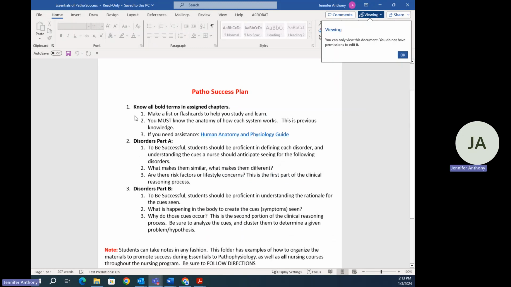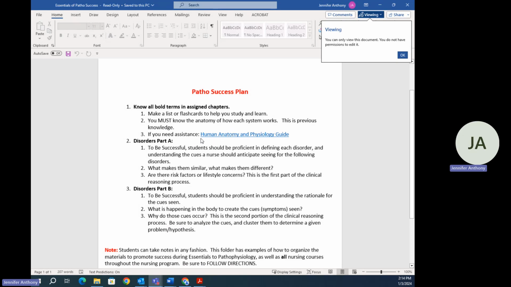First step, for students to know all bold terms in their assigned chapters. Make a list or flashcards to help them study and learn. It tells them they must know the anatomy of how each system works. But anatomy is not pathophysiology, and thus is previous knowledge that you as faculty should not need to spend significant, if any, time reviewing.